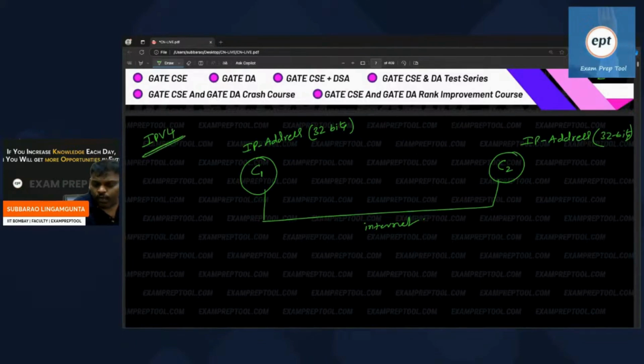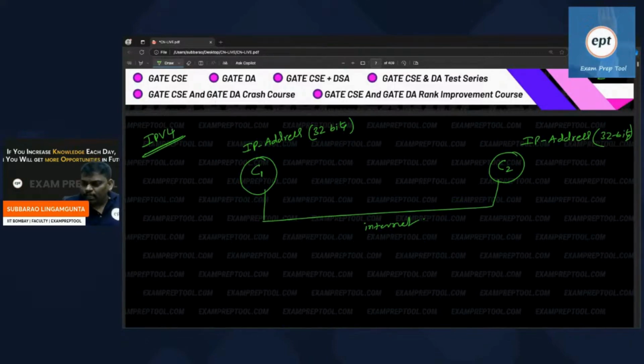According to the IPv4 version, an IP address contains 32 bits, like a mobile number. A mobile number contains 10 digits. In a similar way, two computers that want to communicate through the internet should communicate through an IP address. An IP address is 32 bits.